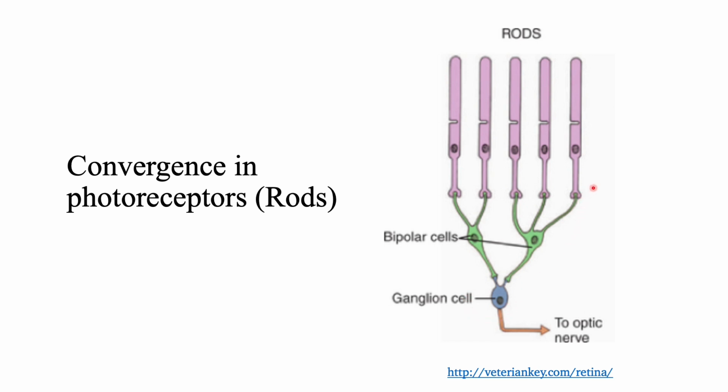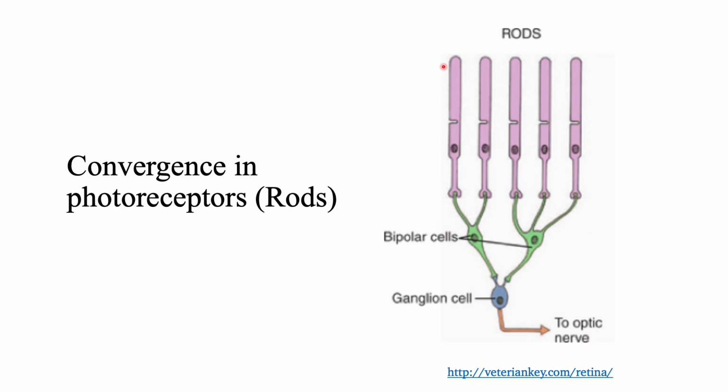Let's say a change in each one of them will change the membrane potential by 1 millivolt. However, to reach a threshold, you need a change of about 5 millivolts. So 1 millivolt here will not be translated into an action potential and reach the cerebral cortex, so you cannot be aware of this light.